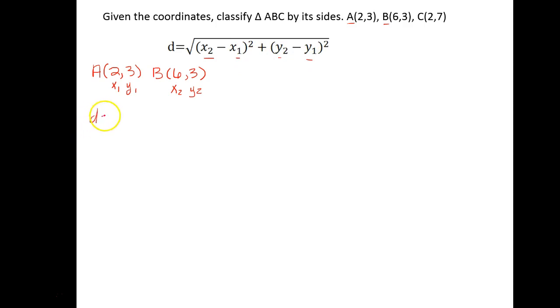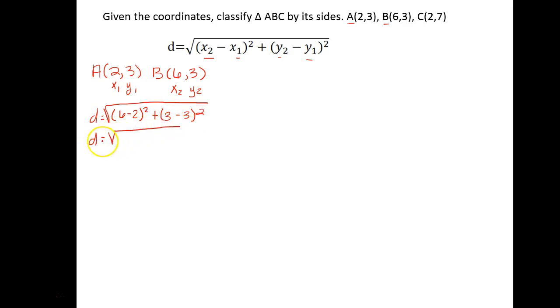I have D equals, all under the radical, x2 is 6 minus x1 is 2, and that's going to be squared, plus y2 is 3 minus y1 is 3, and that's going to be squared. Use your calculator to check your work.